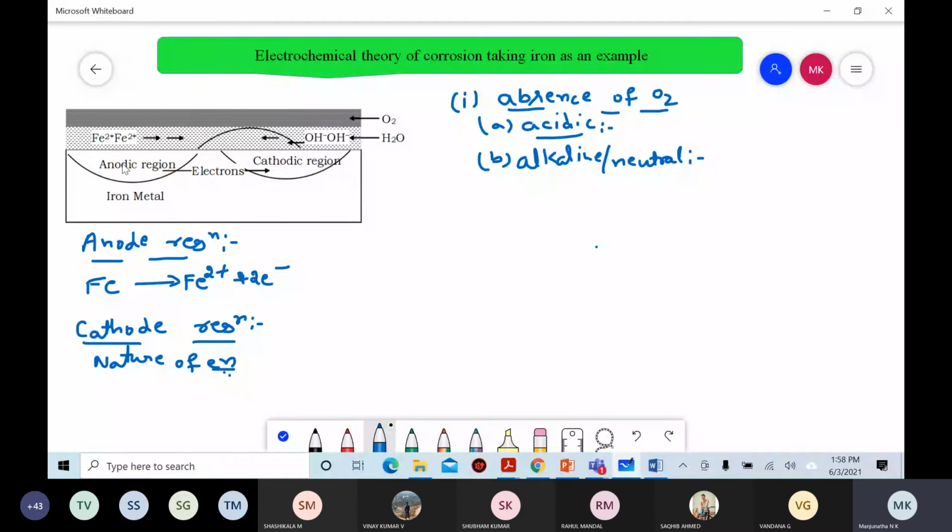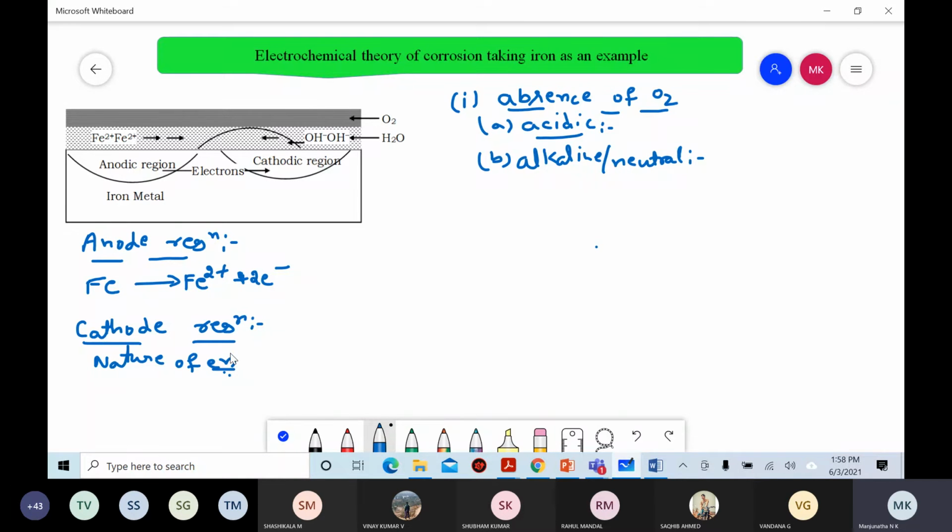At the anodic region, an oxidation reaction takes place, and the metal is converted into metal ion with the liberation of electrons. But at the cathodic region, the reaction mainly depends on the nature of the environment. It is observed in the environment.